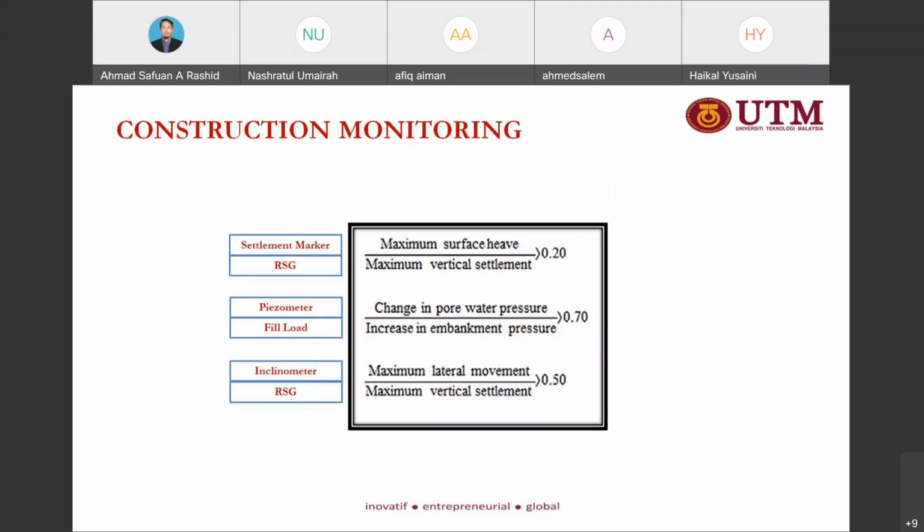Construction monitoring. This is the value that should not be exceeded during the filling process. If the value is exceeded, it can contribute to the failure.